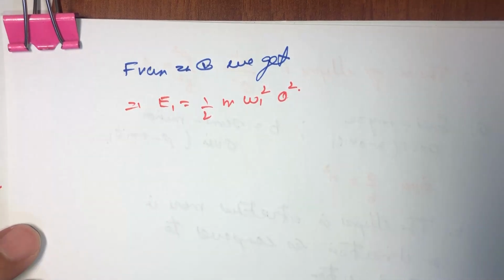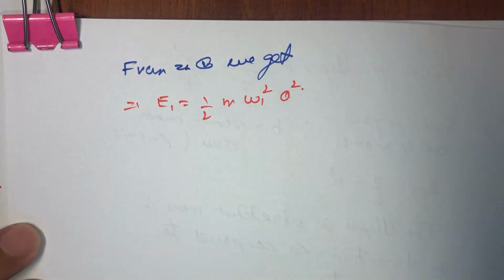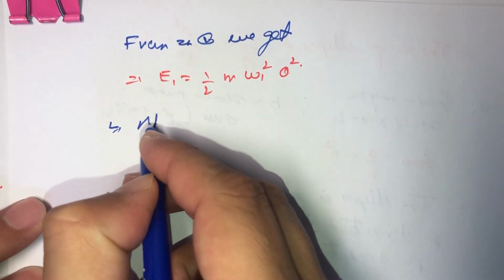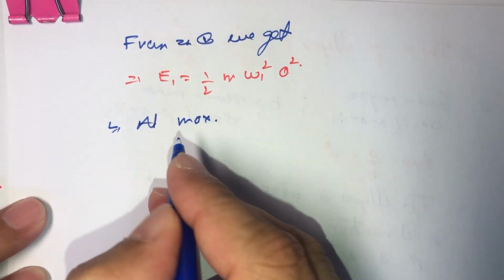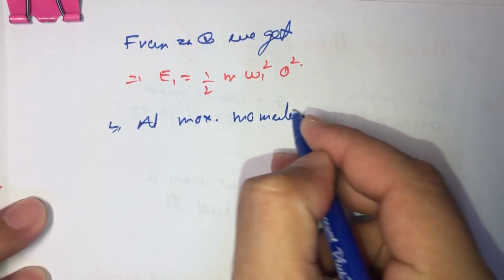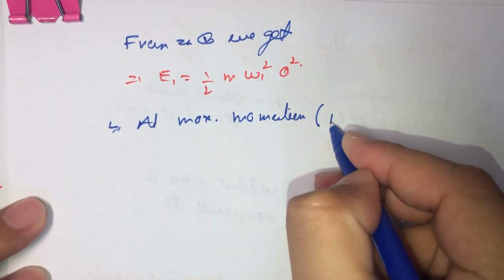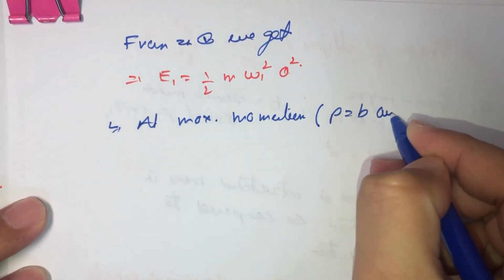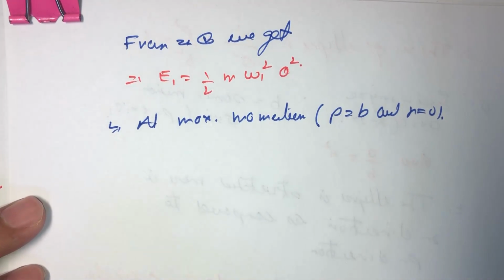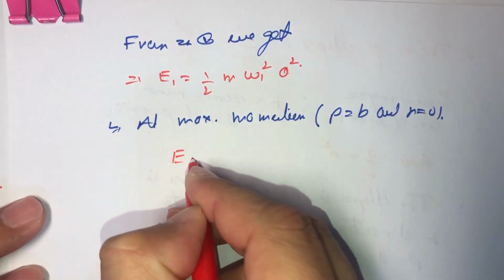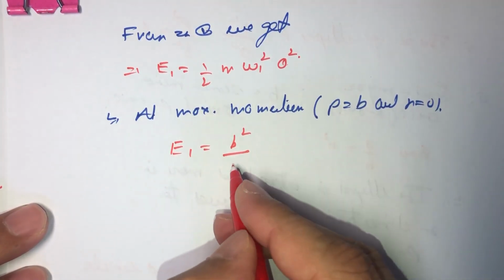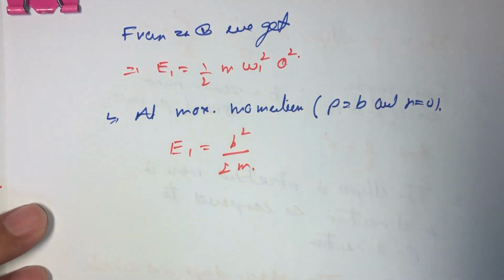And when we have maximum momentum, p will be equal to b and x will be equal to 0. Therefore we get that E1 will be equal to b square upon 2m.